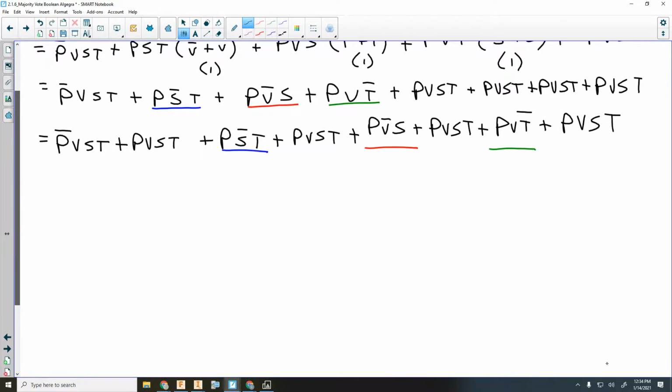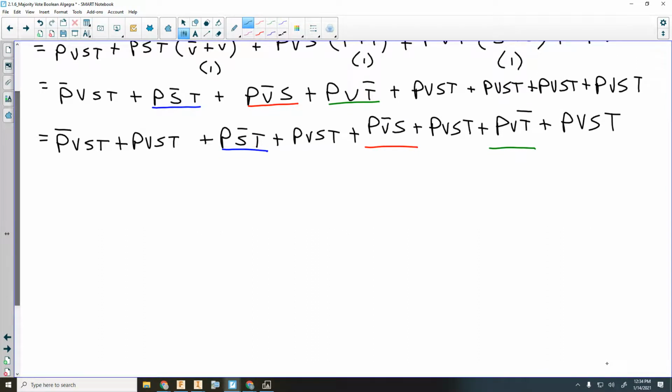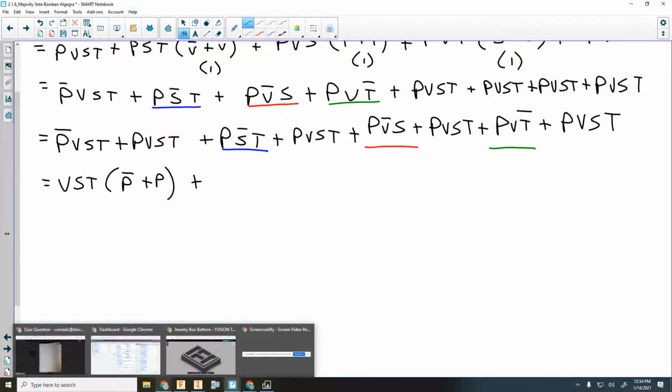What do you think, guys? Keep going? Not so sure. What can we factor out of the first group? VST can factor out of the first group, and that'll be ANDed with P naught or P. And what factors out of the second group?